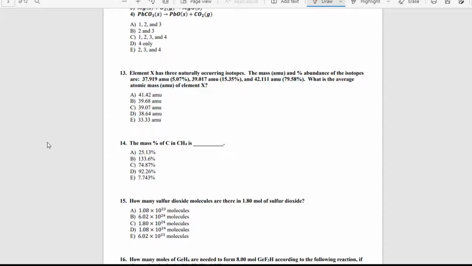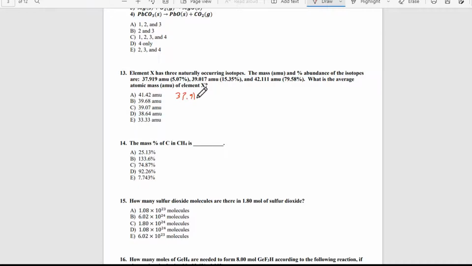In other words, if I have a higher percentage of one, that's going to have a bigger role in the average, right? So if a much higher percentage is of a small molecular weight, that's going to cause this lower weight to dominate in the average.